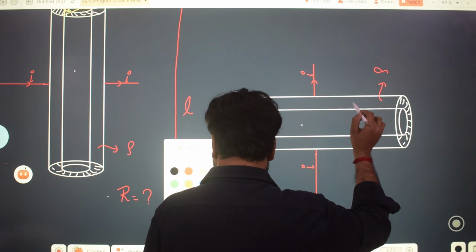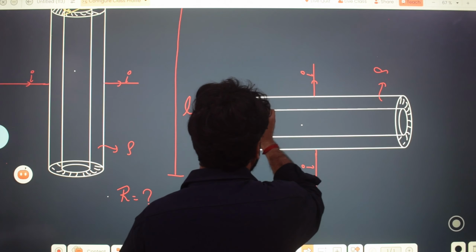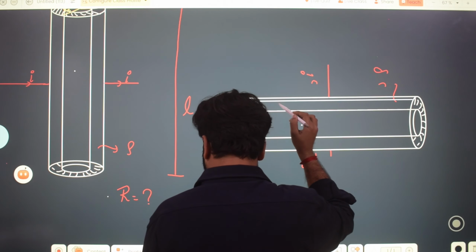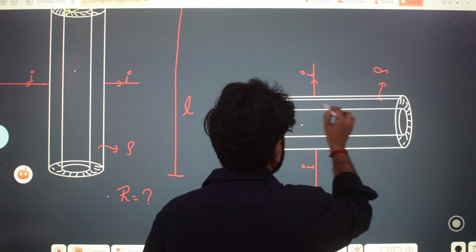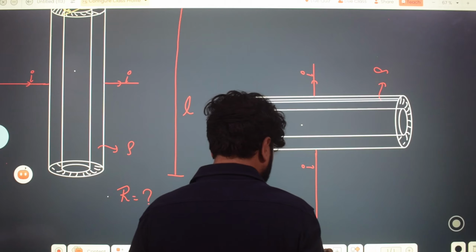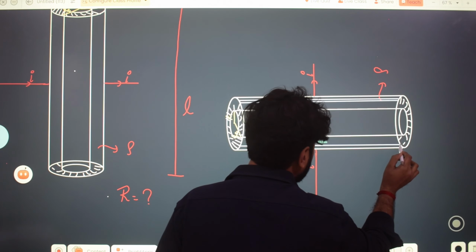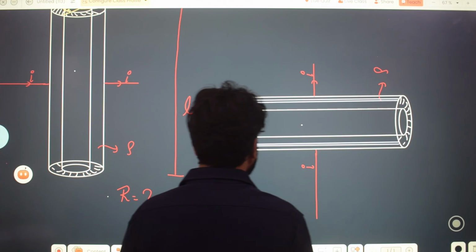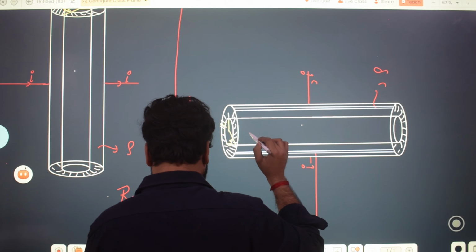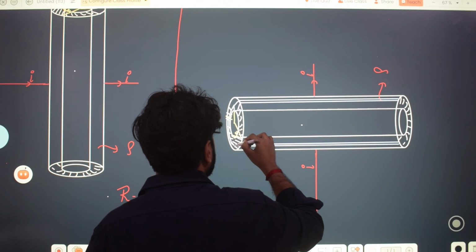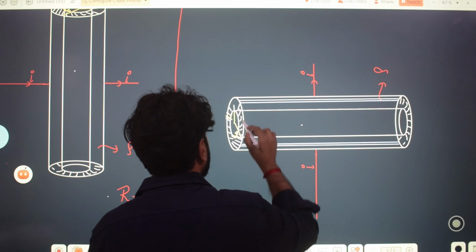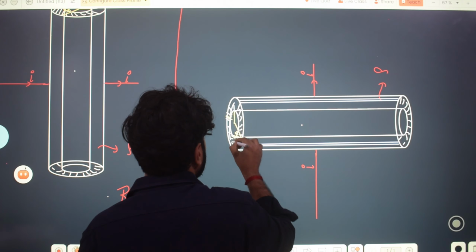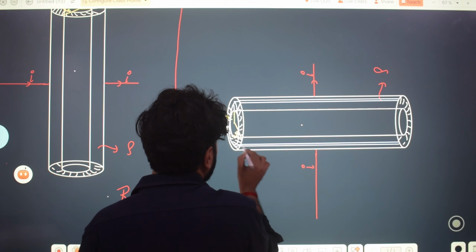This is going to be your elemental cylinder.